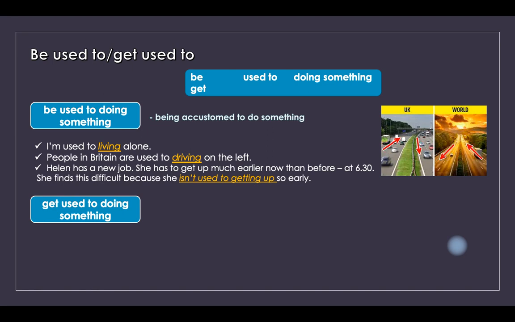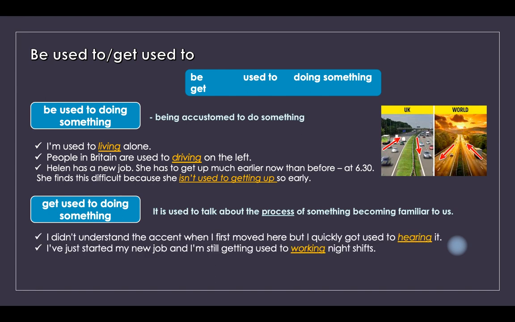Bir şeye yapmaya alışmak. This is what you use in Turkish for that. It's used to talk about the process of something becoming familiar to us. I didn't understand the accent when I first moved here, but I quickly got used to hearing it. Başta aksanı anlayamadım ama zamanla alıştım.